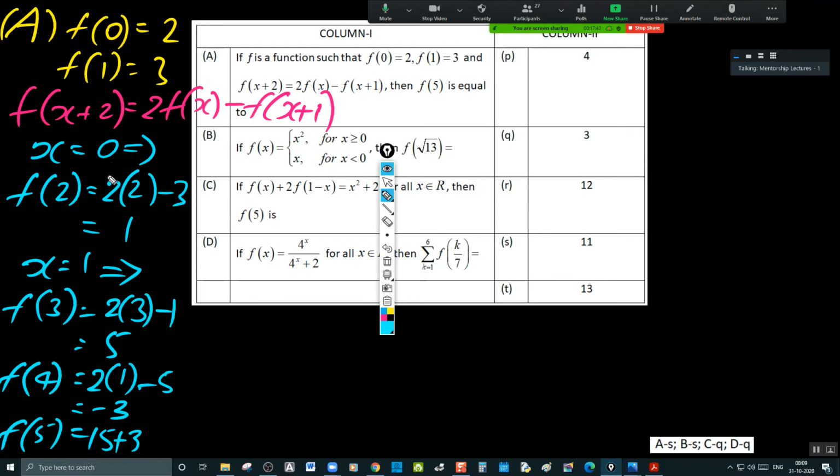Can anyone help me out here? Up to f(3), I think it is correct. Let us go for f(4): we are putting x equal to 2 here, twice f(2), that is 2 into 1, 2, minus f(3). What is f(3)? 5. It is minus 3. It is correct. Now put x equal to 3, f(5), twice f(3). Twice f(3) is 10.